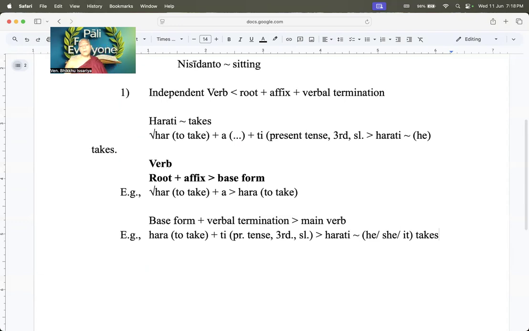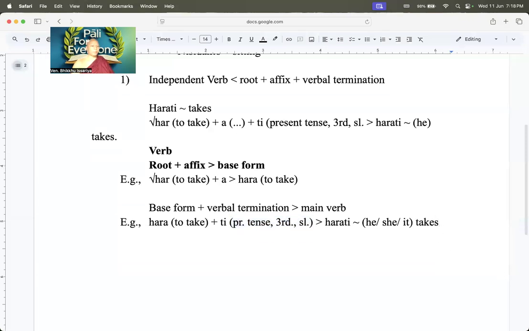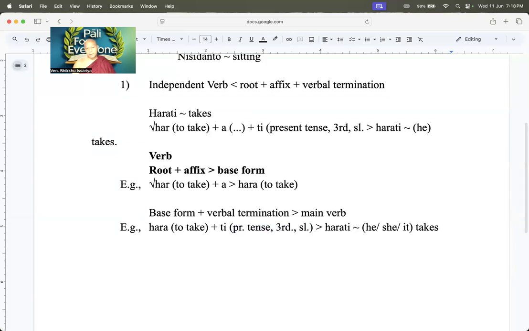So now in the way of forming the verb in Pāḷi, you see the role of the verb termination is a bit important. So that is why, to understand the present tense verb termination, we look at the three tenses.